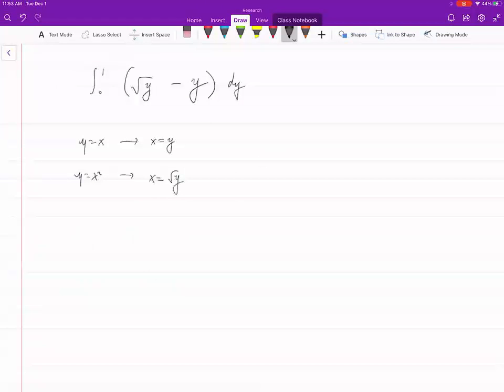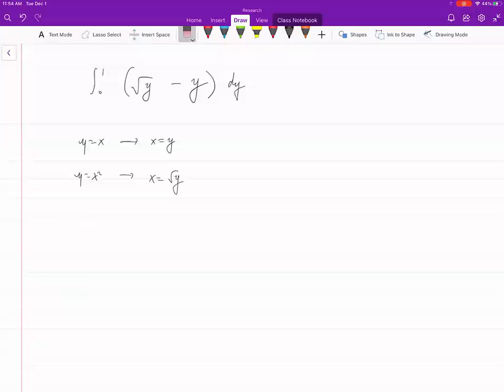Something for you to think about. Do you know the formula of the area of a circle? Pi r squared, right? Why? Your teacher told you so, right?